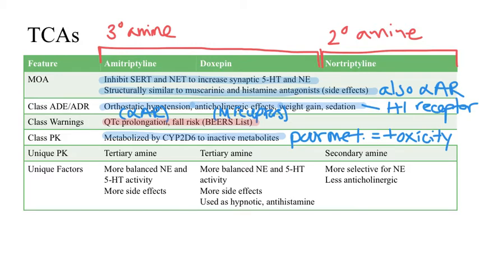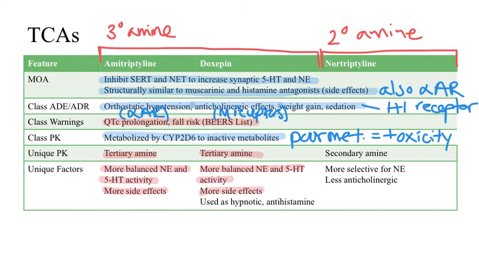As I mentioned, amitriptyline and doxepin are both tertiary amines. These agents both have more balanced activity between norepinephrine and serotonin, meaning they inhibit SERT and NET fairly equally. This typically produces higher efficacy, but the tertiary amines also tend to have more side effects than the secondary amines.